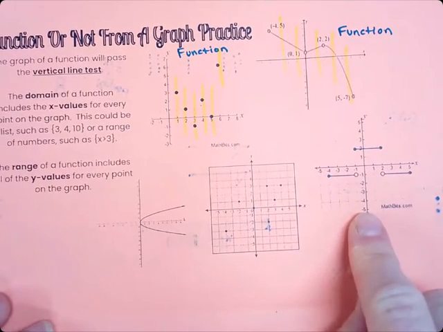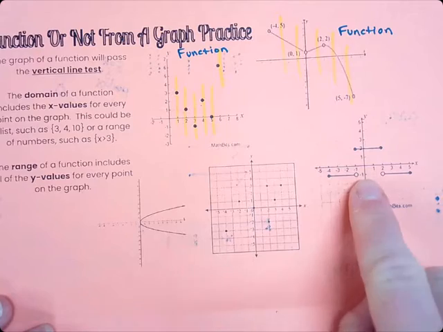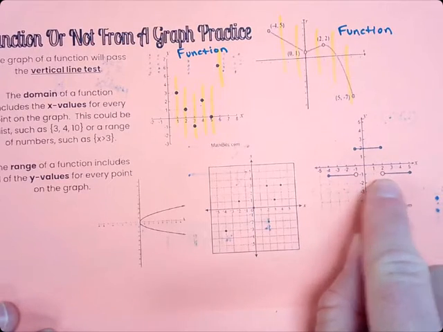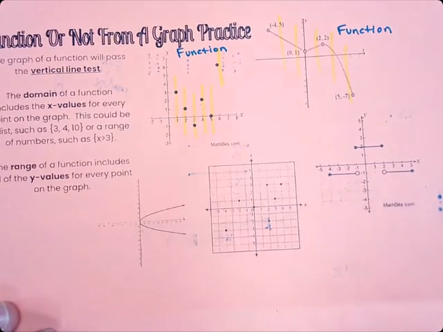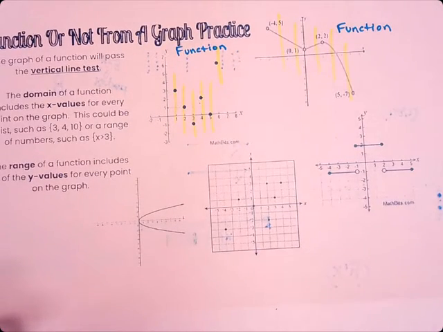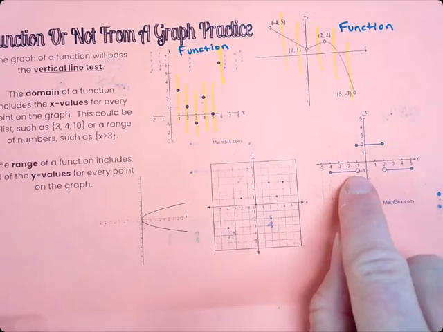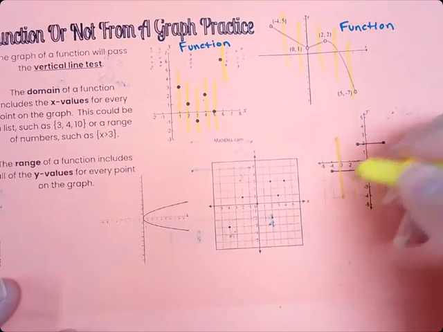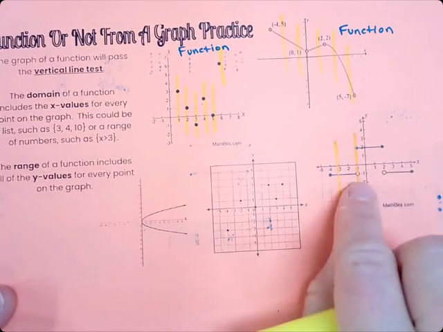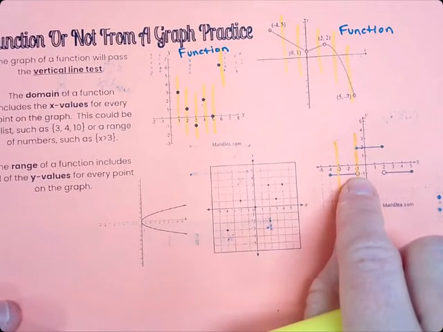I'm going to go over to this one real quick. Do y'all remember what the open circles mean? That keeps going. Yeah, it's less than or it's greater than. This open circle means it's not included. So on this one, whenever I go down that, this open circle is not included.